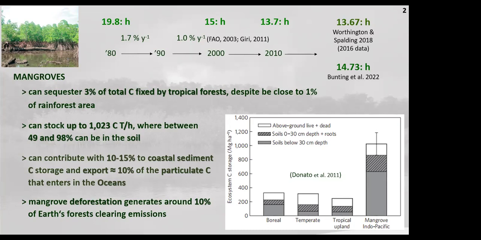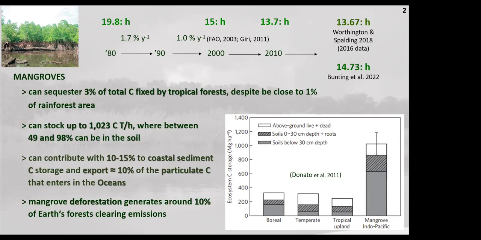So these two drivers, the human and the natural, I know that climate change is not fully a natural driver, but both are impacting mangroves and are increasing the physical and the functional degradation of mangroves. Sometimes the functional degradation precedes the physical degradation of mangroves.